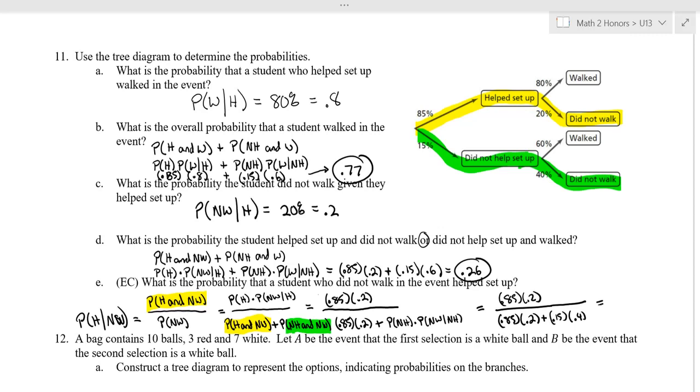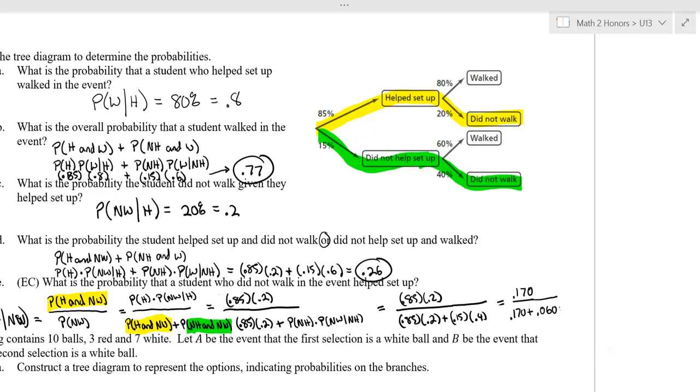So let's see here. 85 times 2 is 170. And these would be 3 decimal places. And 0.15 times 4 is 0.6. Well, 15 times 4 is 60. But again, 3 decimal places.